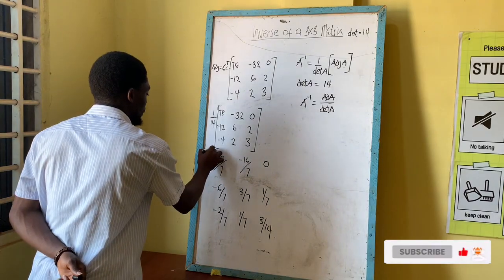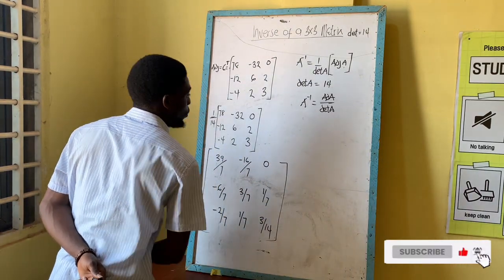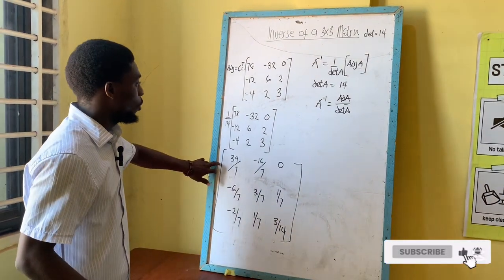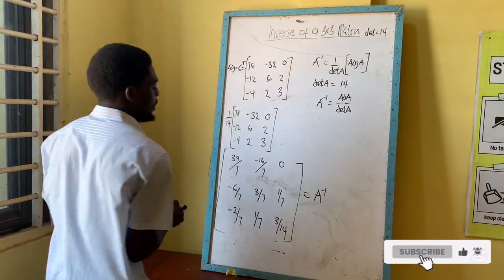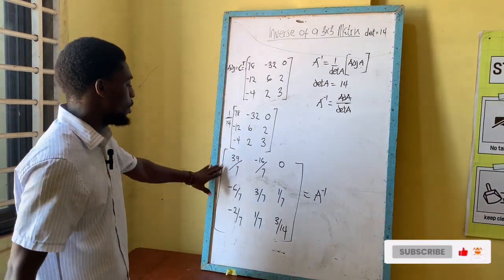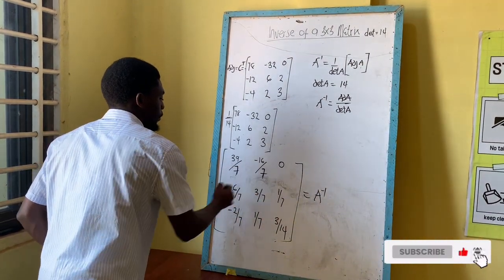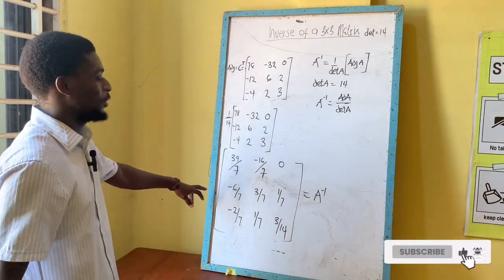So after finding this, this is basically how we find the inverse of a 3 by 3 matrix. So this is the inverse of the matrix. That's the inverse of the 3 by 3 matrix that we were asked to find. This is the answer.